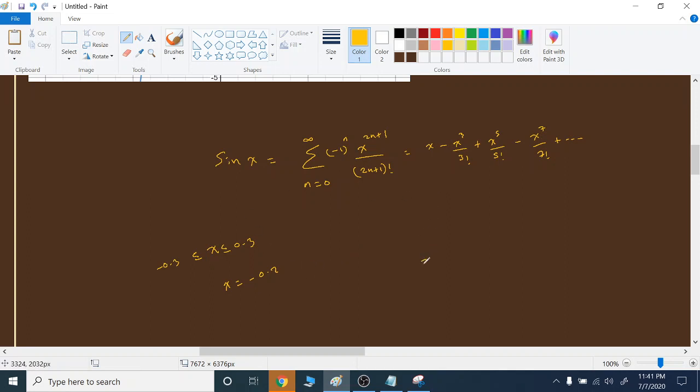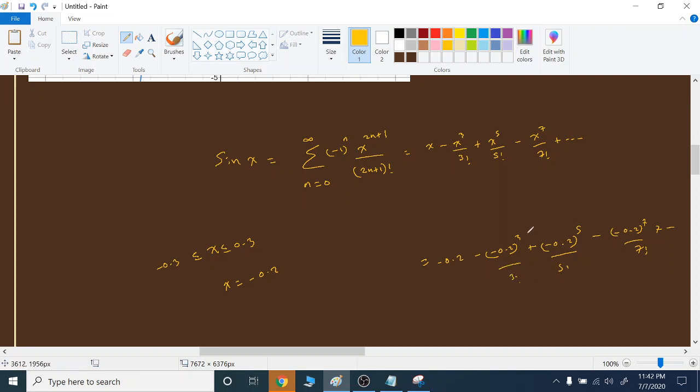Then our Taylor series will be something like this: negative 2 minus negative 0.2 cube plus negative 0.2 to the power 5 minus negative 7. Likewise, it goes on, right?